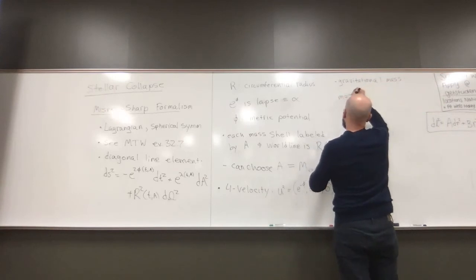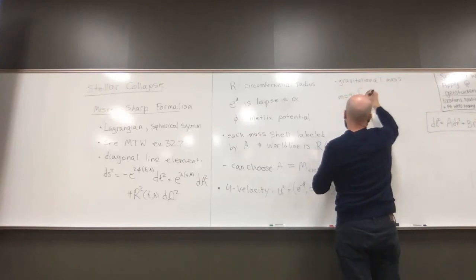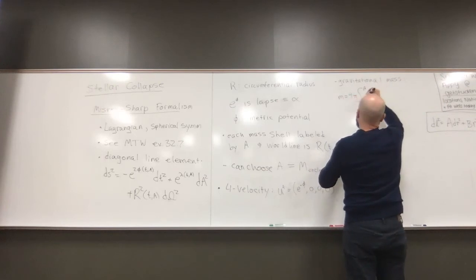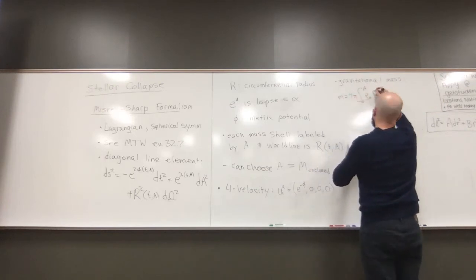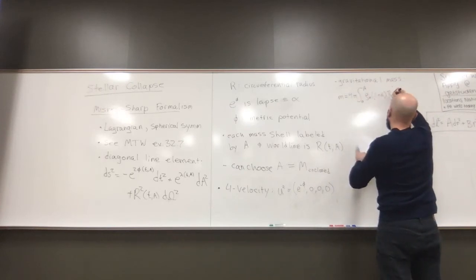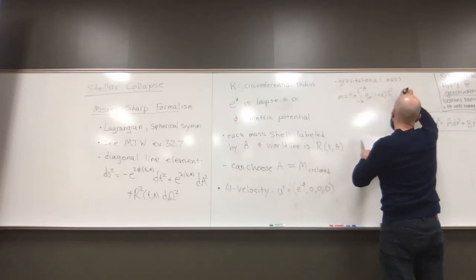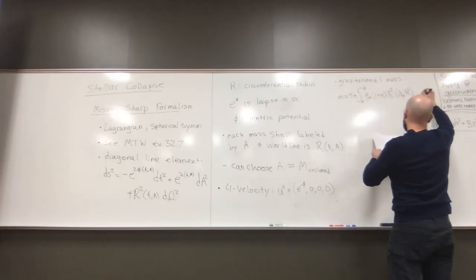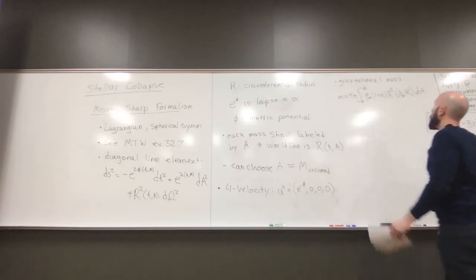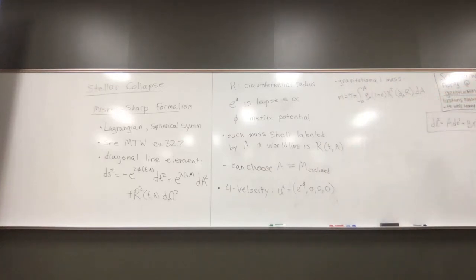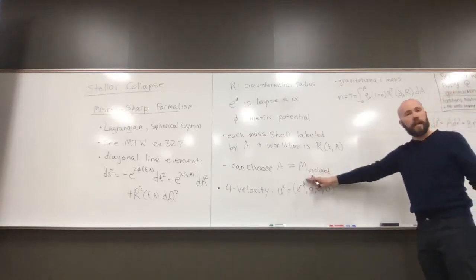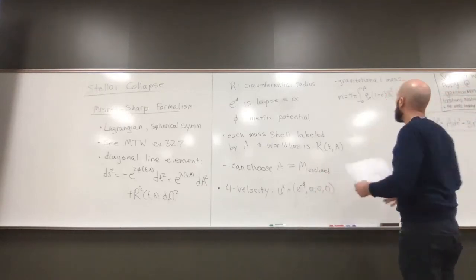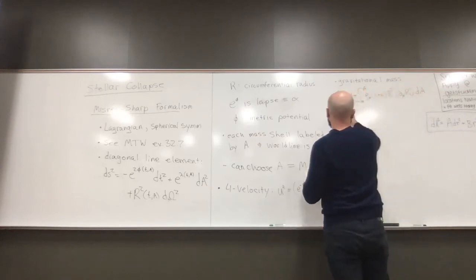So little m is equal to 4 pi, the integral from 0 to a of the rest mass density times 1 plus the internal energy density, r squared, times the partial with respect to a of r, dA. So I'm integrating in my Lagrangian coordinate a. I haven't actually done this, I'm keeping it general. But that's how you would compute the gravitational mass enclosed.